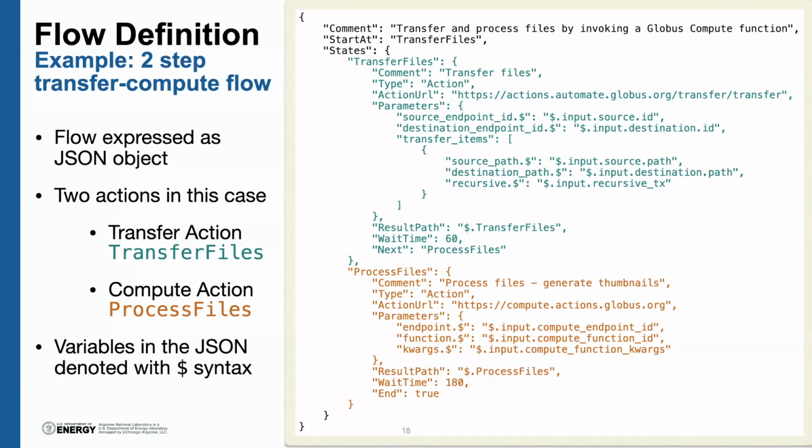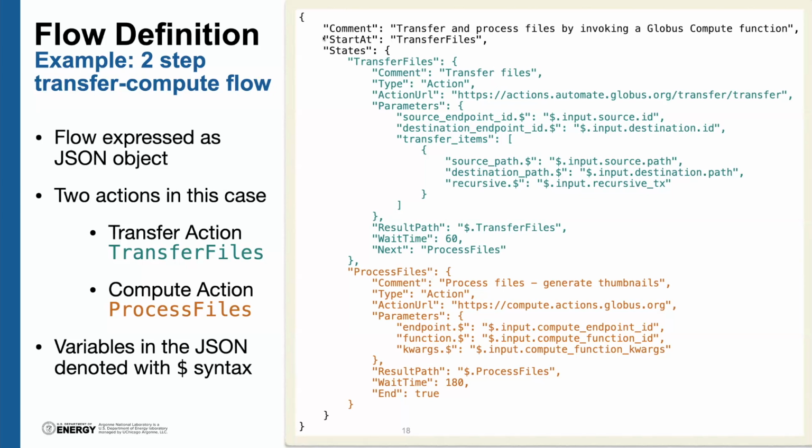The flow is expressed as a JSON object, which has this kind of format with these brackets, strings and brackets. And I've highlighted here in blue the definition of the transfer action, and in orange the definition of the compute action, which is called process files in this example.